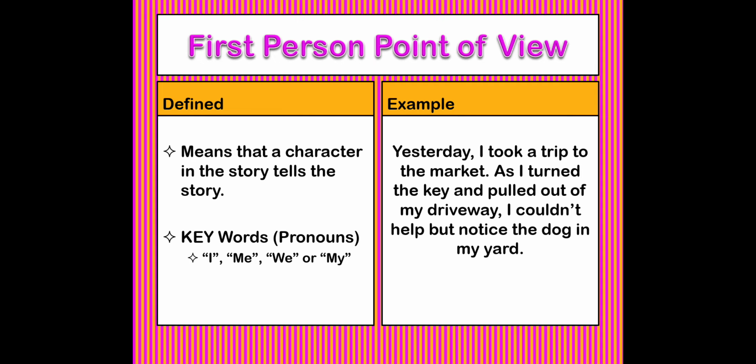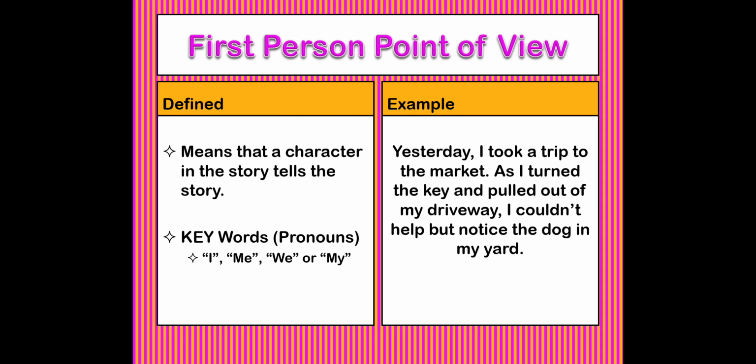An example that I have here is: yesterday I took a trip to the market. As I turned the key and pulled out of my driveway, I couldn't help but notice the dog in my yard. Now we know that is first person point of view because of the key words, which are those pronouns that identify with being first person.